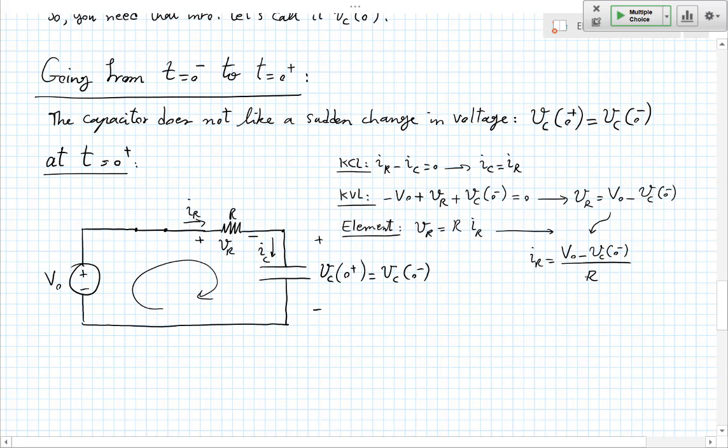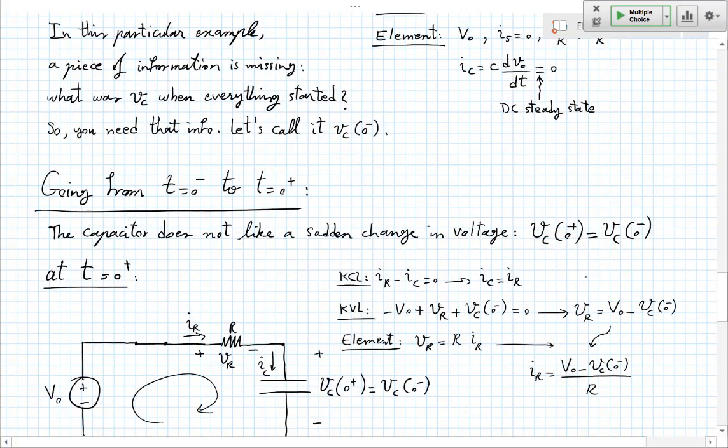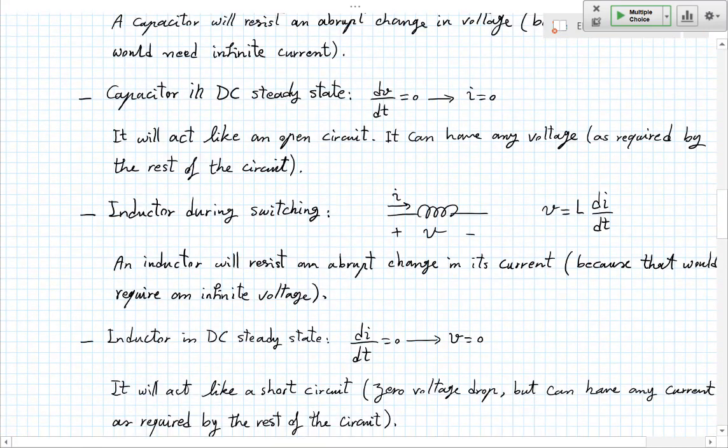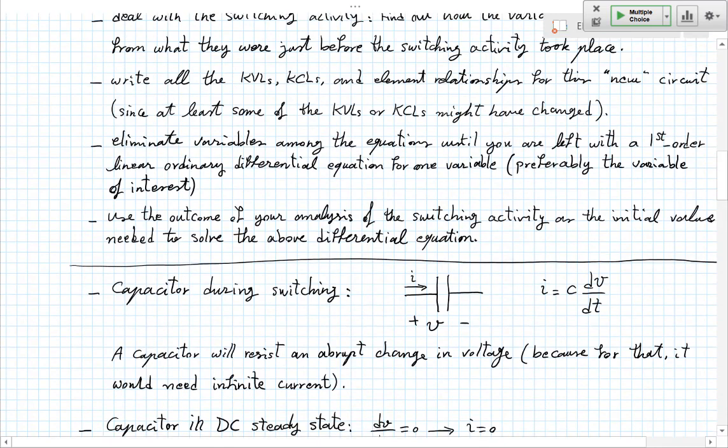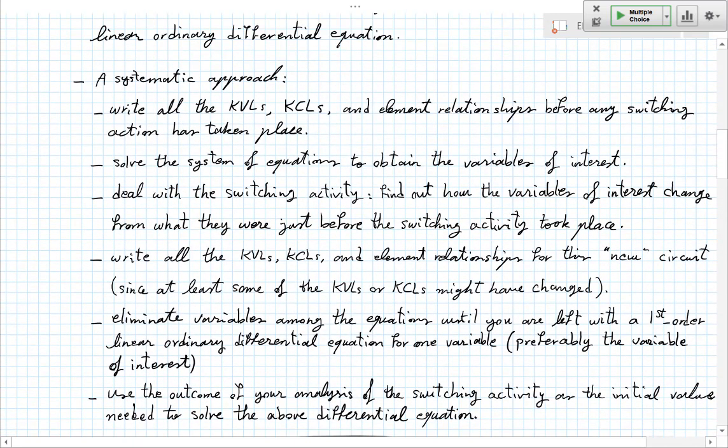You might say the really interesting action starts at t equals 0 plus and going forward. So now that's what we are going to deal with. That's the next step. Again, going back to our original list here. We dealt with the switching activity. Now we know how things are at 0 plus. From this point forward, the circuit configuration is not changing anymore.